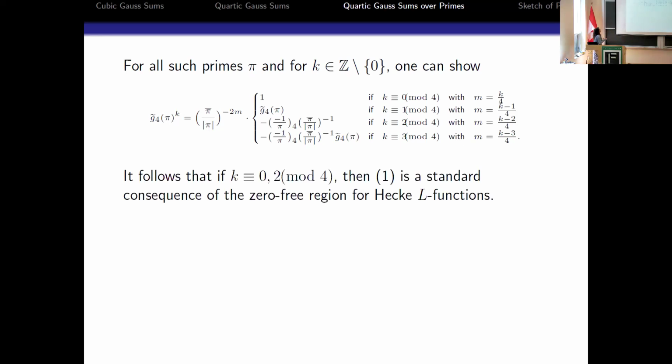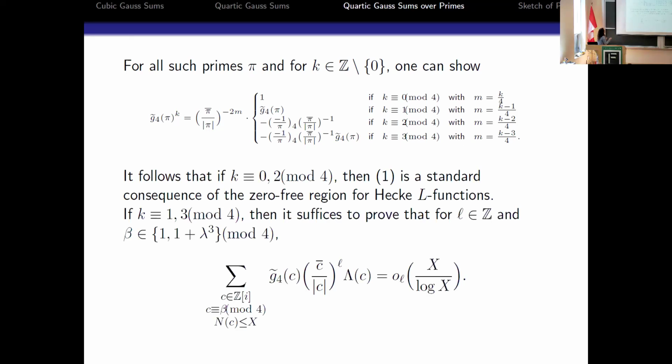And if k is congruent to 1 or 3 mod 4, then you can see from these formulas that you really reduce to looking at sums of this form. So the sum of the kth power of these quartic Gauss sums reduces to twisted first moments as such. That's why we study these sums when we're trying to answer questions about equidistribution.